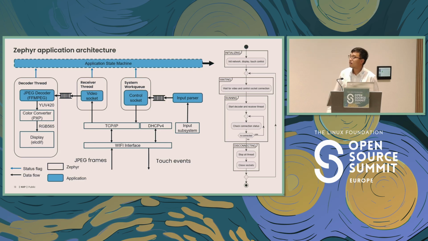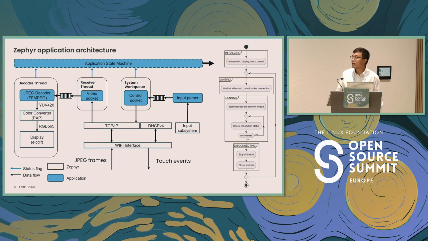And on the other side, we have the input system, which will take the input message and convert it into a message, and then send it to the control socket via TCP/IP. And on top of that, we have the application state machine, which allows us to control these three threads. And here is the following workflow of the control state machine.